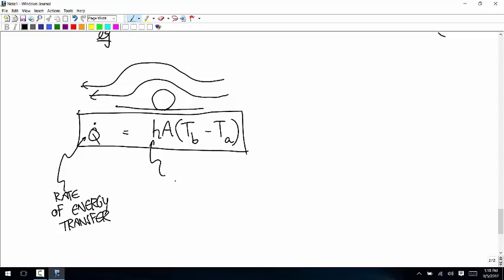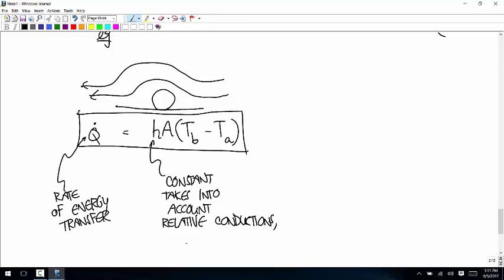H is a constant that takes into account the relative conductions of the two materials. It takes into account the flow pattern, the surface shape, and that's all I can think of right now.